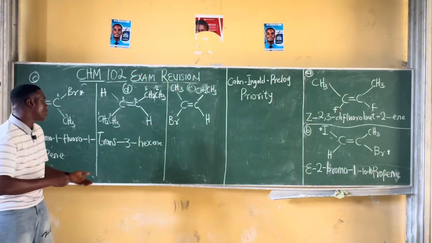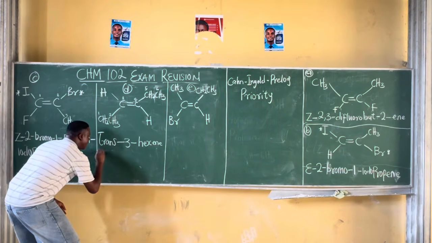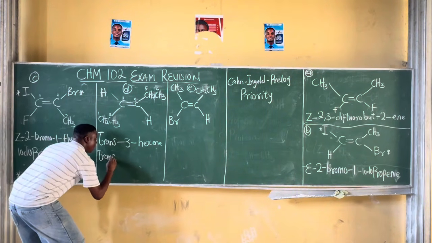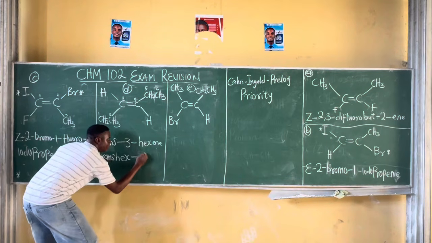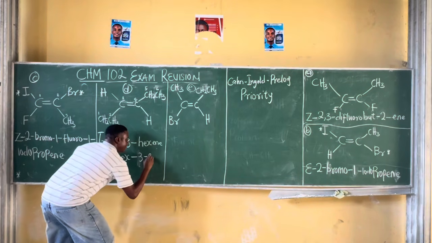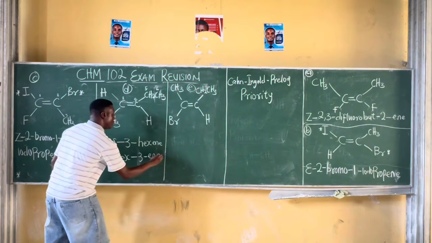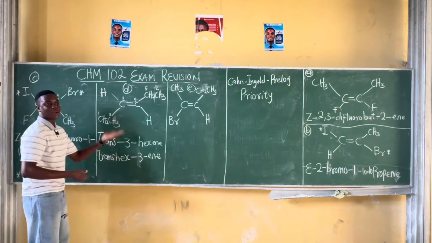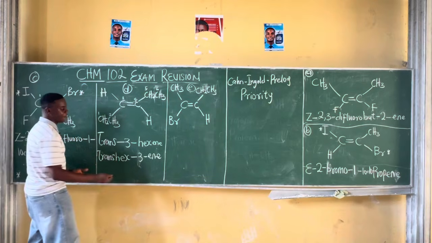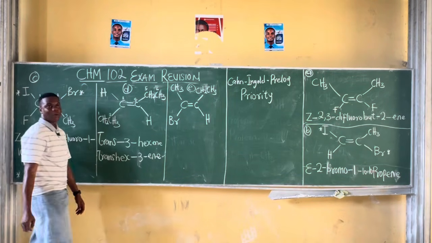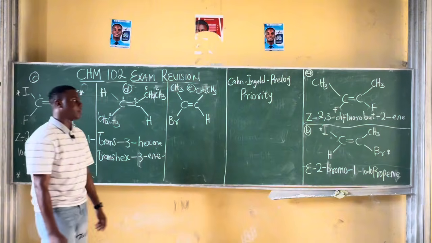So this can also be trans-hex-3-ene. So it can be either way. Both of them are still correct. But for exam's sake, let me advise, for exam's sake, take the second one. Okay? For exam's sake, take the second one.